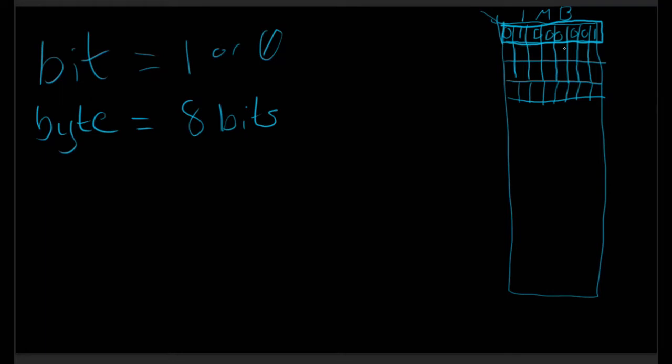However, we still can't ourselves say, okay, computer, 01000001. We don't know what we're talking about, right? I don't. So what we need is a conversion table, and this is called ASCII.